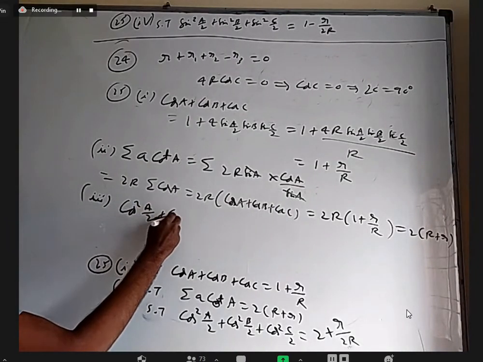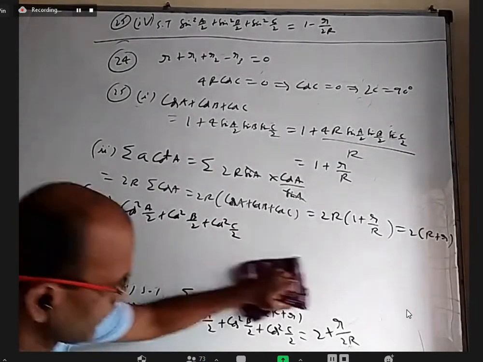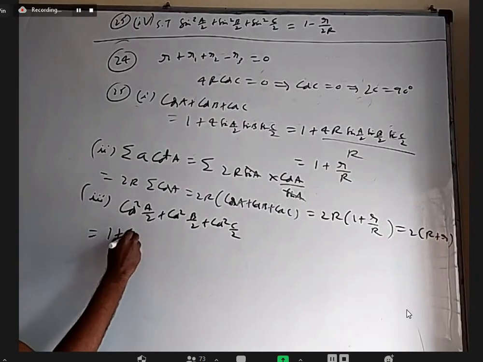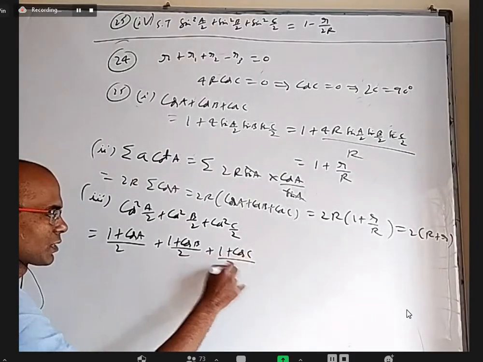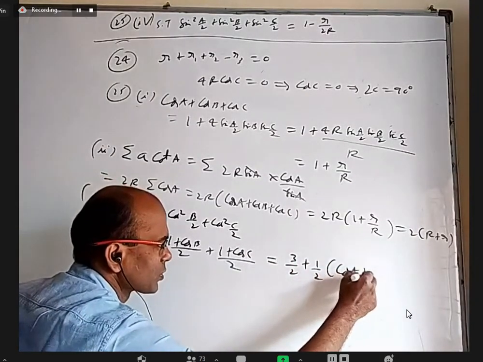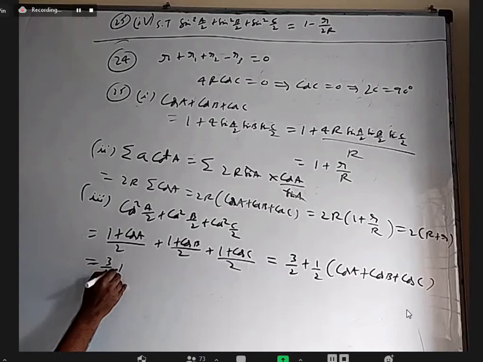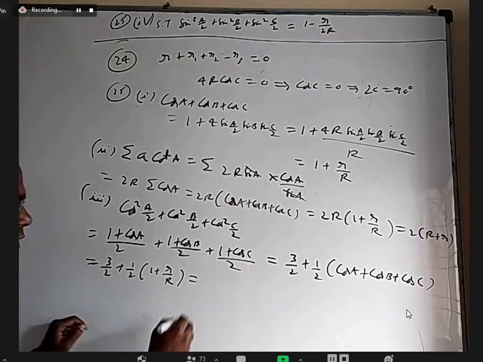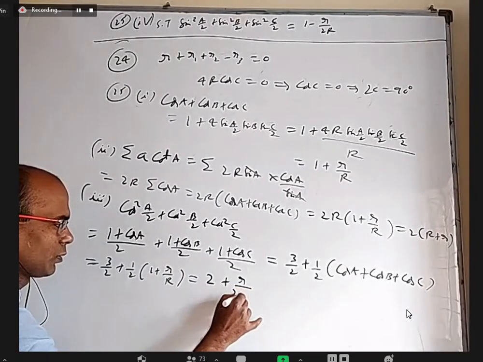Cos square A by 2 plus cos square B by 2 plus cos square C by 2 is 1 plus cos A by 2, plus 1 plus cos B by 2, plus 1 plus cos C by 2. 1 by 2 plus 1 by 2 plus 1 by 2 is 3 by 2, plus half of cos A plus cos B plus cos C. And that is 1 plus small r by capital R. When I take this, 3 by 2 plus 1 by 2 will be 2, and this into this will be small r by 2 capital R.